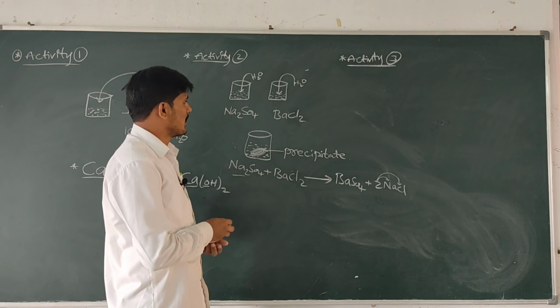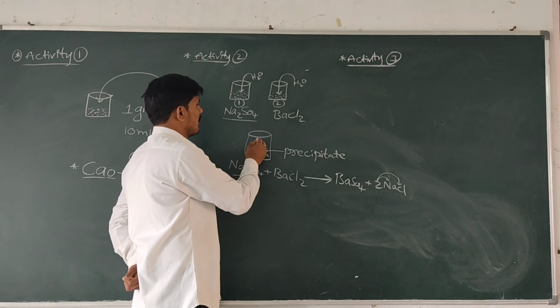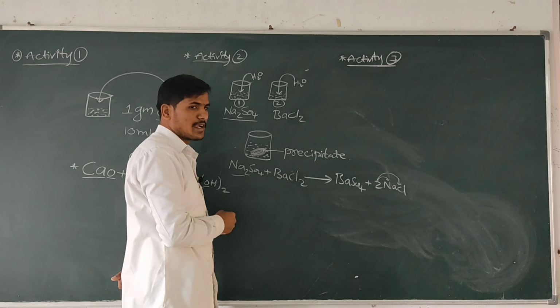After a few minutes, add these 2 solutions in a large size beaker. When we add sodium sulfate and barium chloride, a chemical reaction takes place between them and a white precipitate is formed, that is barium sulfate.